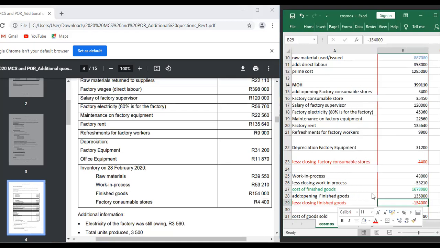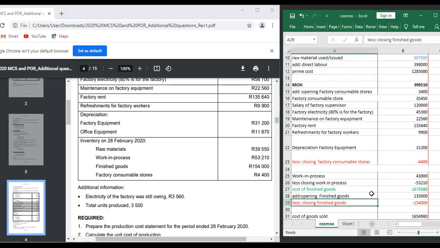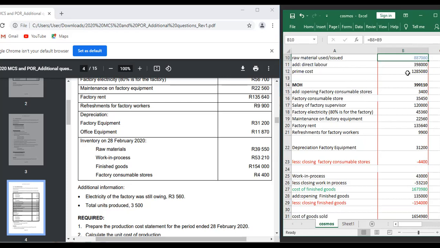And then we have our cost of goods sold. You may be wondering how we got the 167,389,3980. We got it after adding our manufacturing overhead cost plus our prime cost right here.